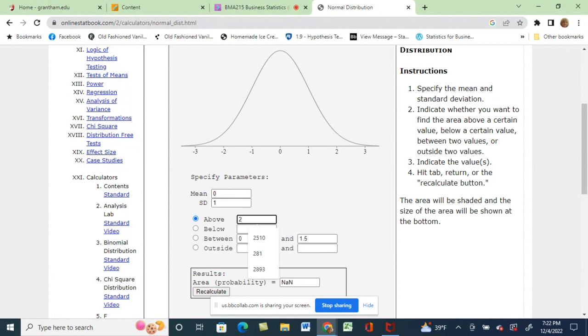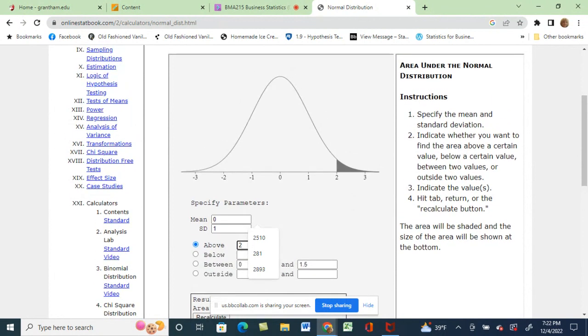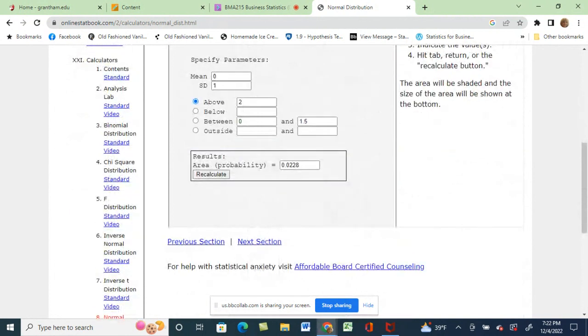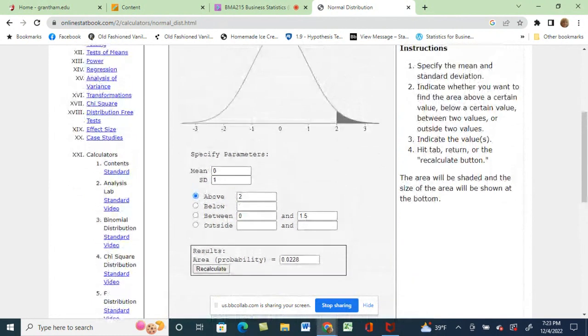I like to clear that only because it's confusing, but you just do above 2. Yes, just make sure, and look at your graph. Your z-score is at 2, and it's the area to the right of 2. So your answer in that case would be 0.0228. This is the probability that your data is above the z-score 2.